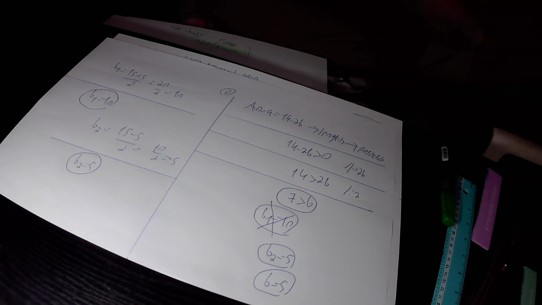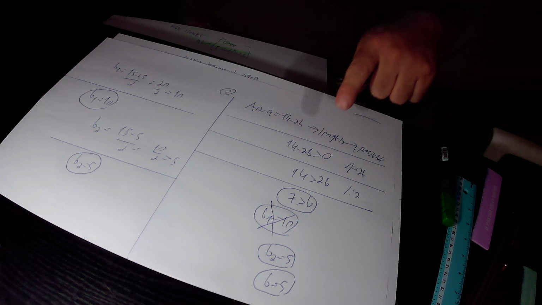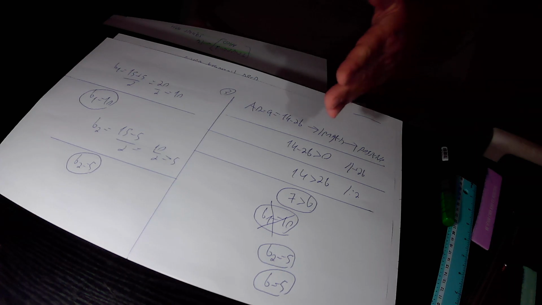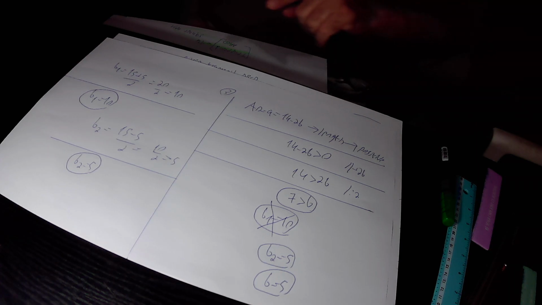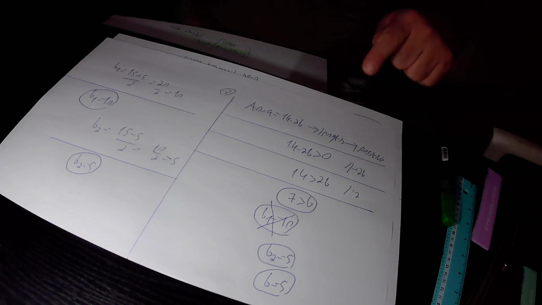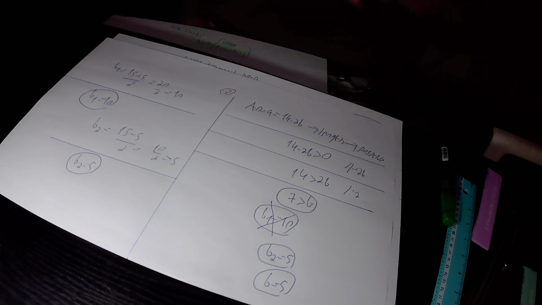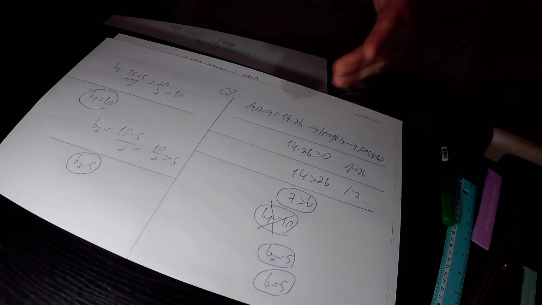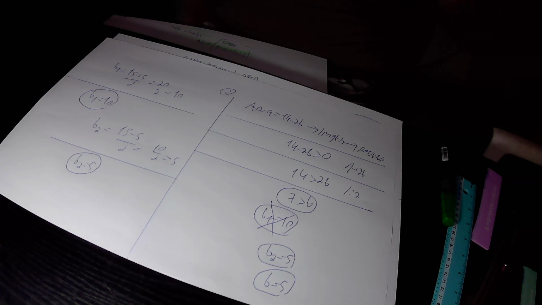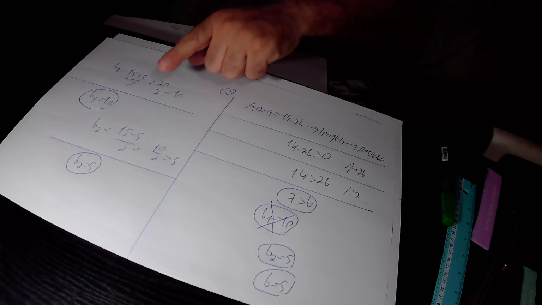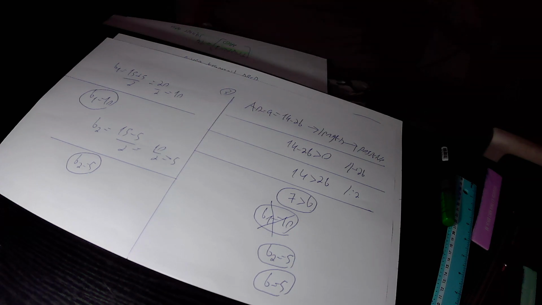If b is less than 7, b cannot be equal to 10. So the solution b1 equals 10 is the incorrect solution. And we're left only with the second possible solution for b, that is b2, it is equal to 5. 5 is less than 7, so that is the only solution that is left, that b equals 5 units.